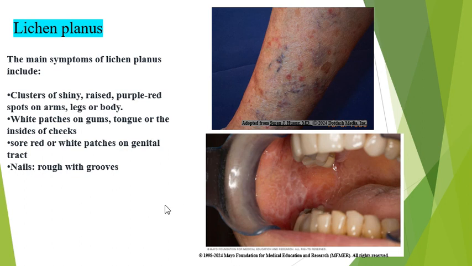Also the nails look rough with grooves. These are nails.